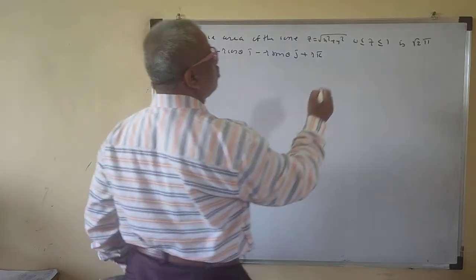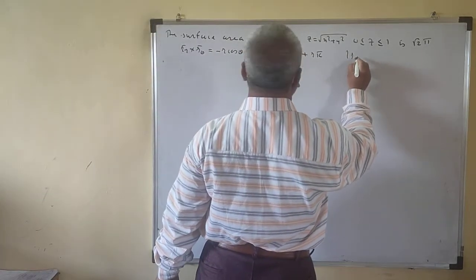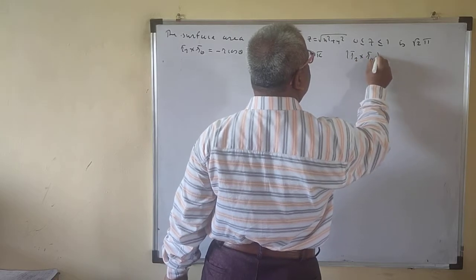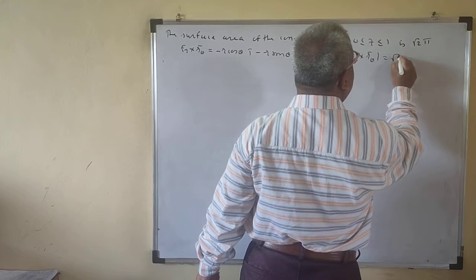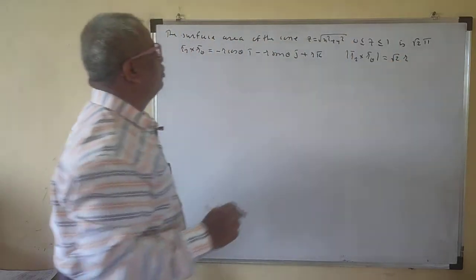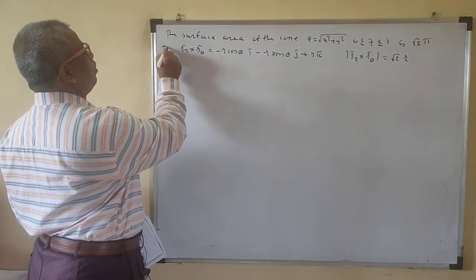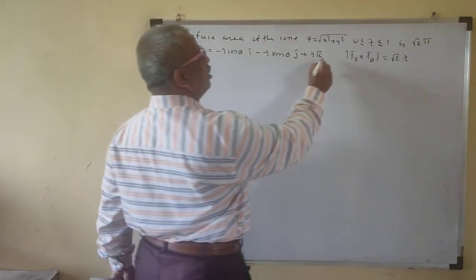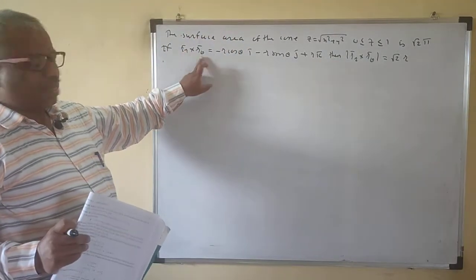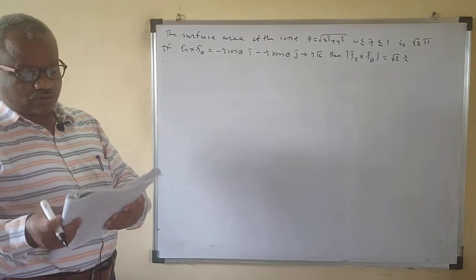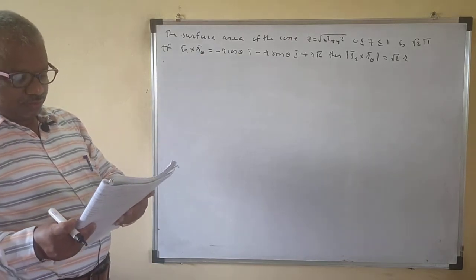Then the mod of r bar of r cross r bar of theta is root 2 r. Then you can easily find it, because this is a vector, and you can find the modulus of this vector also.